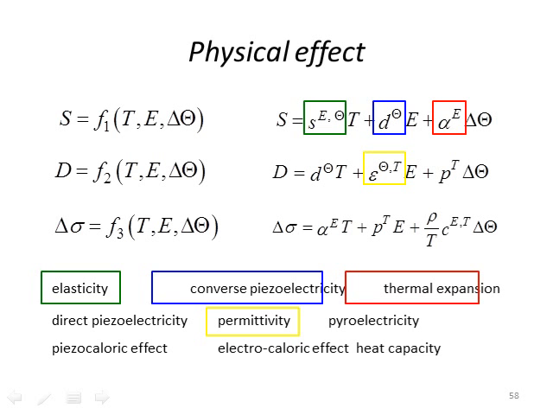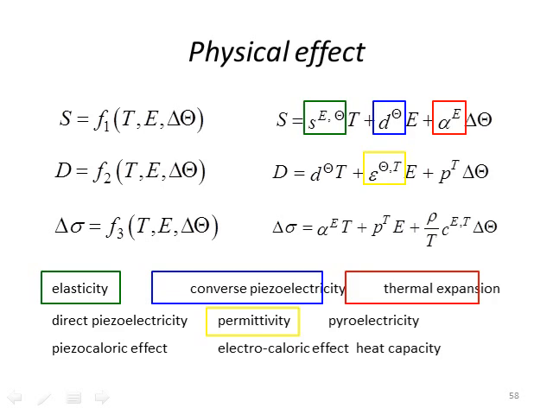Now each one of these leading terms has a particular effect. You can see that s^E_theta is elasticity, d_theta is the converse piezoelectricity, alpha^E is thermal expansion, which is in the red box, and each one of these terms has a particular physical effect. So that's how we translate, using thermodynamics, between a coupled domain.